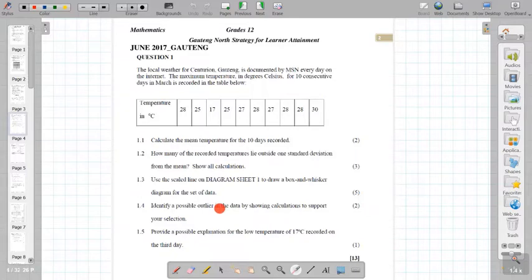Outlier is a day which is too high or too low compared to the others. If you just go through the temperatures, you see that after 17, the second lowest is 25. So that is really an outlier. That's really a cold day, unexpected.